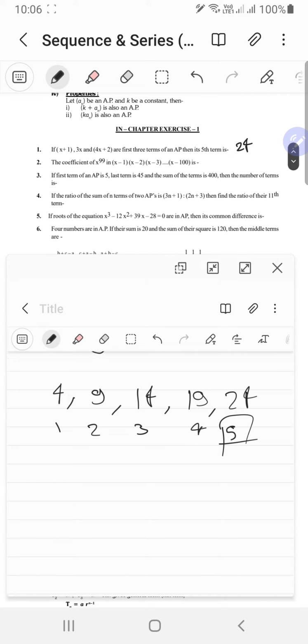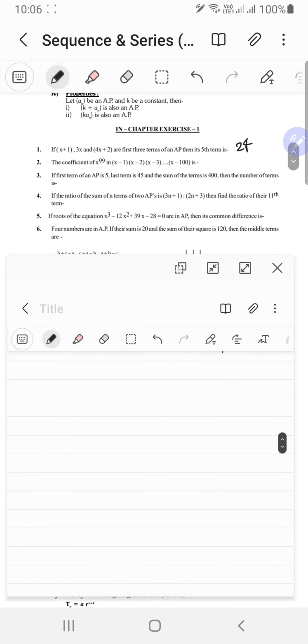Okay, next, the coefficient of x power 9 in this expansion. Let's just try to see if we get some kind of pattern. So x into x minus 1 will be x squared minus 1 plus 2x plus some other stuff which we don't care about, plus the constant, 1 into 2.